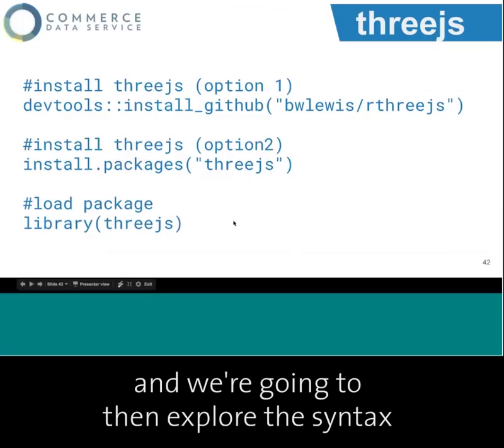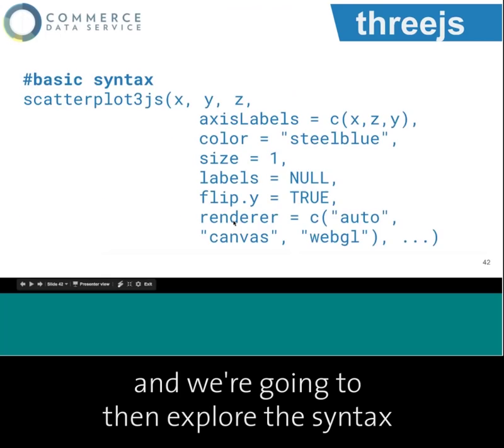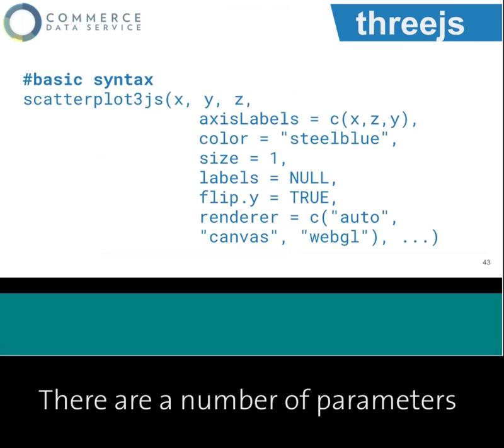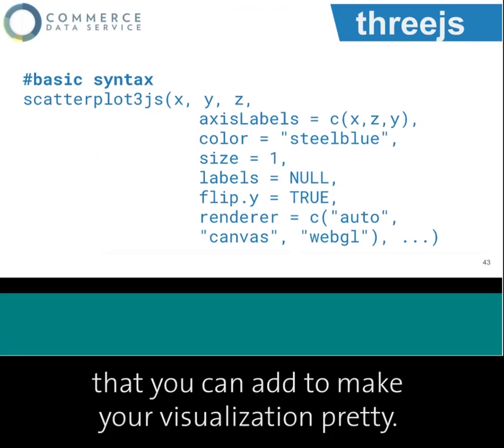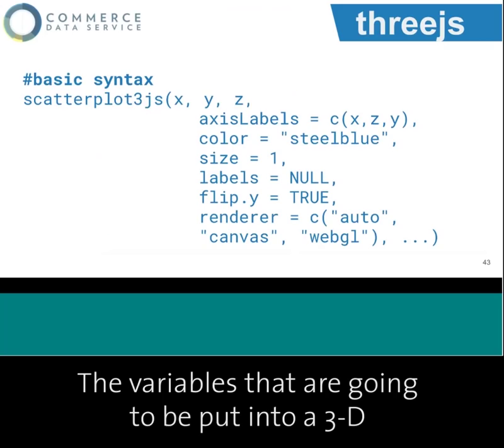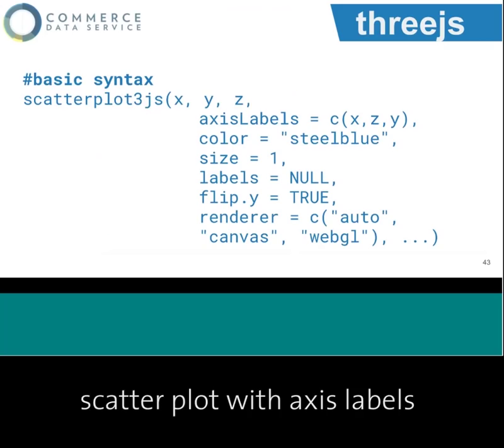And we're going to then explore the syntax for the scatterplot3js function. There are a number of parameters that you can add to make your visualization pretty. X, Y, Z are the variables that are going to be put into a 3D scatterplot.